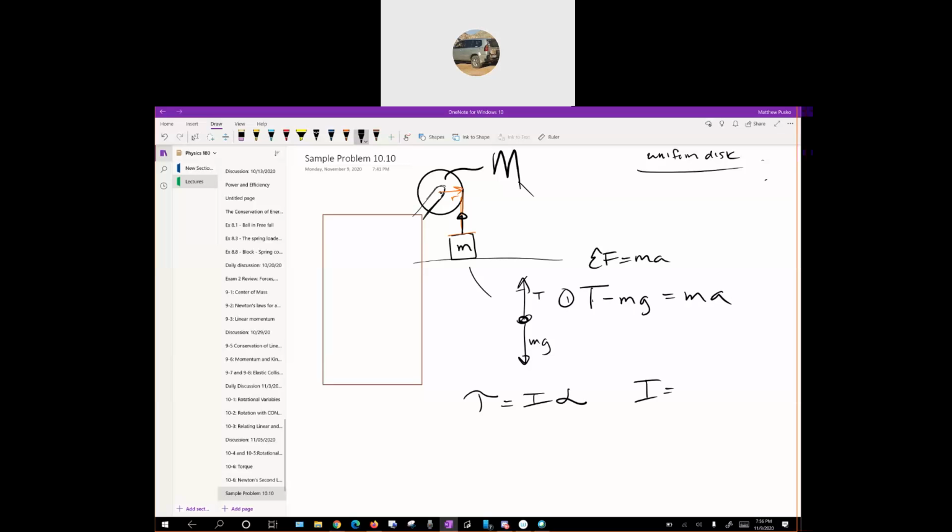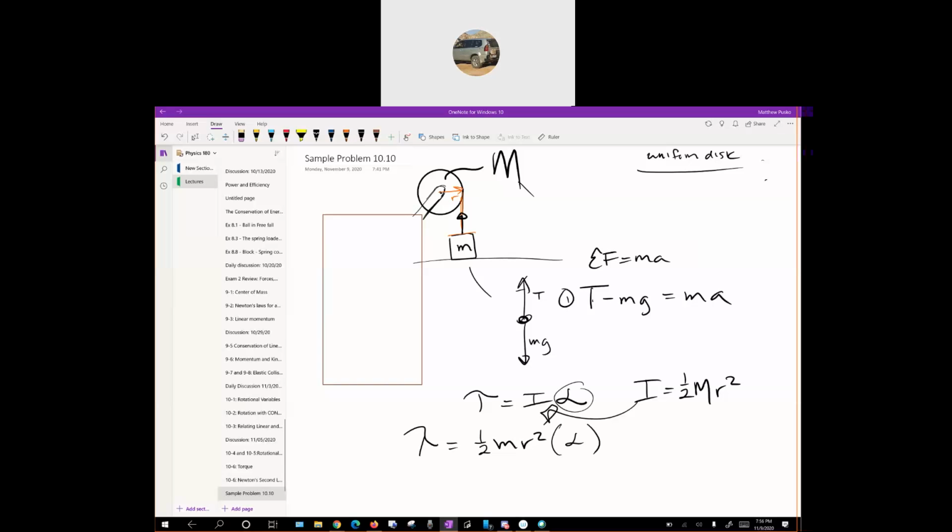I is 1/2 mr squared for a uniform disk. We can just throw that in there. We get a torque equal to 1/2 mr squared times alpha. Don't forget that alpha.